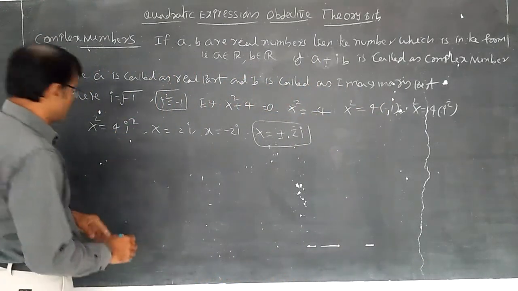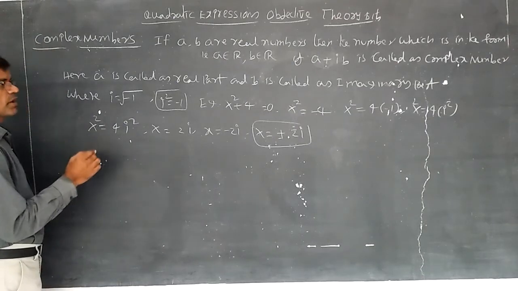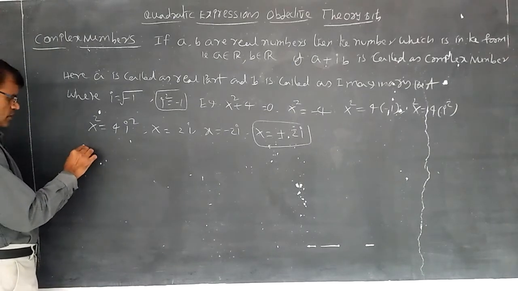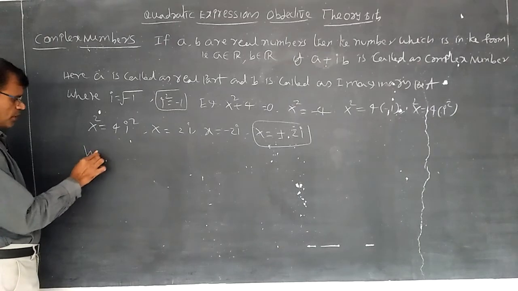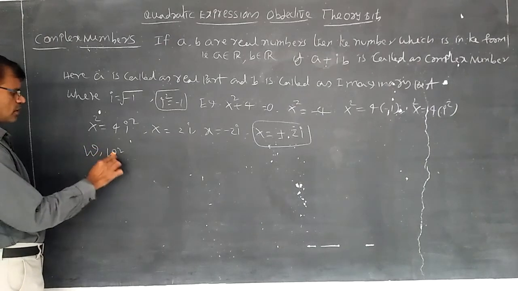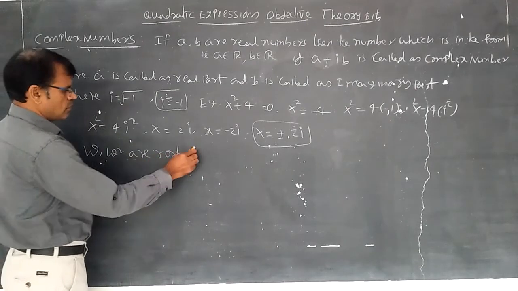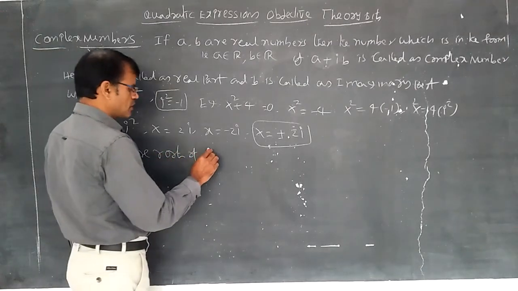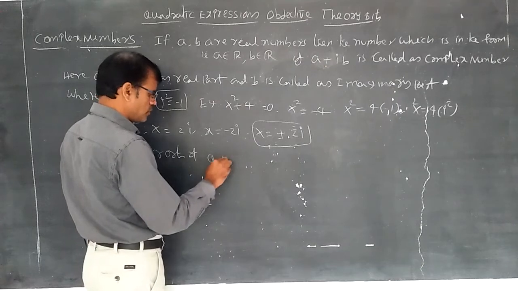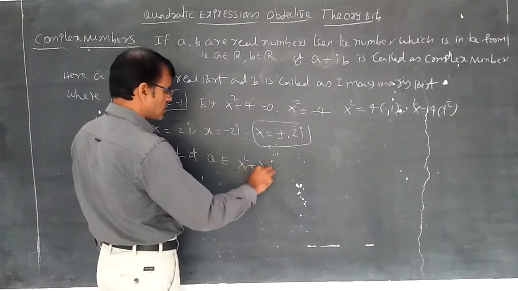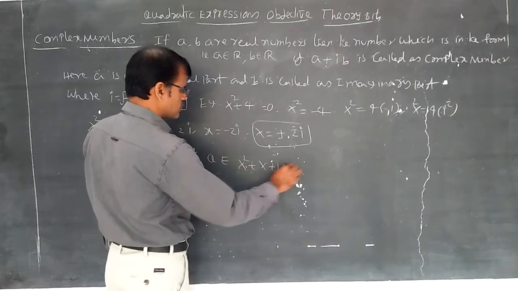We have a proof that omega, omega square are roots of the quadratic x square plus x plus 1 equal to 0.